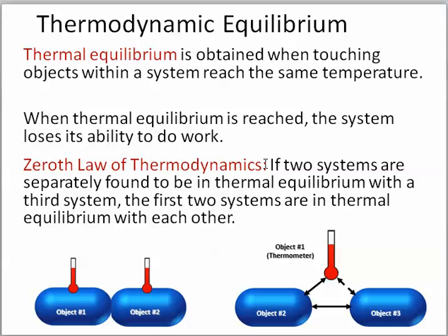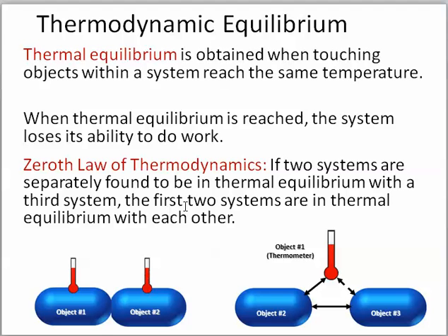Zeroth law of thermodynamics. If two systems are separately found to be in thermal equilibrium with a third system, the first two systems are in thermal equilibrium with each other. So what we're saying here is object 1 and object 2 are found to be in thermal equilibrium with the third system, meaning the thermometer.